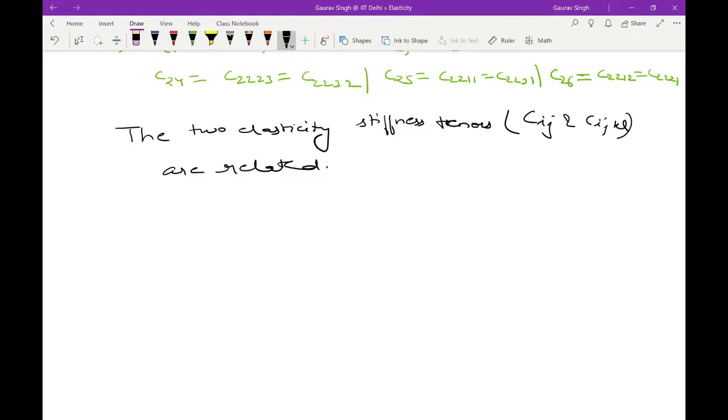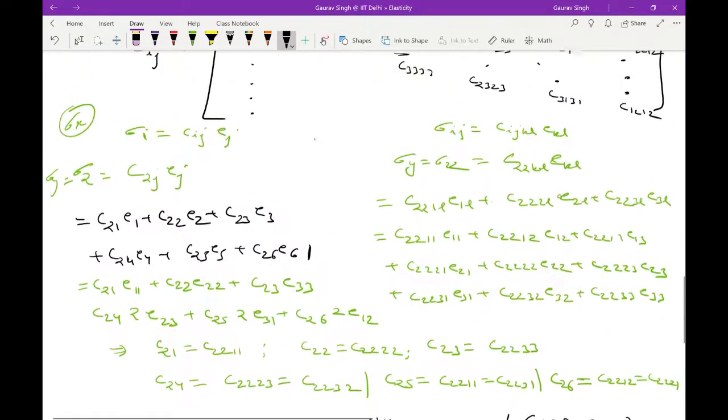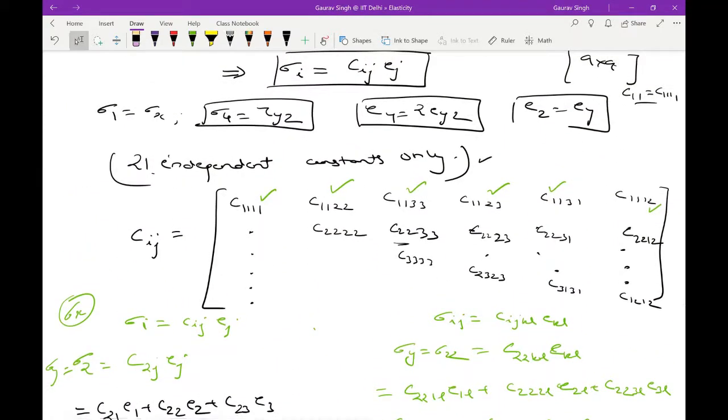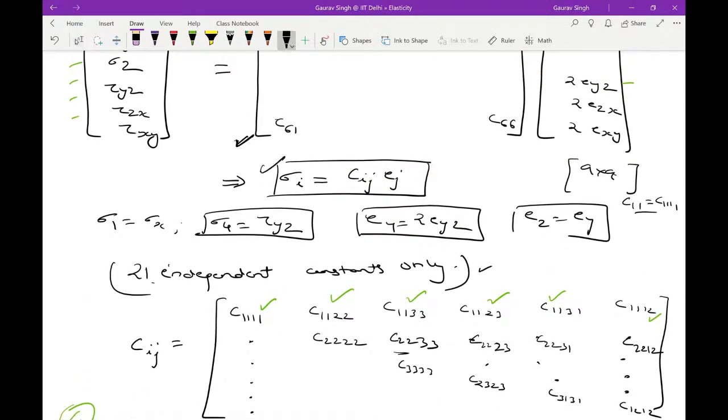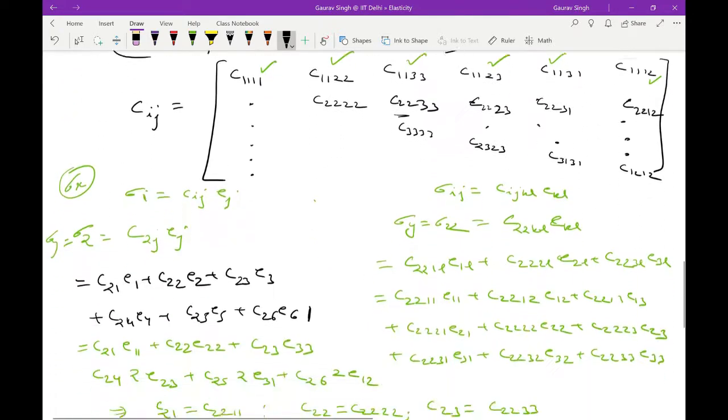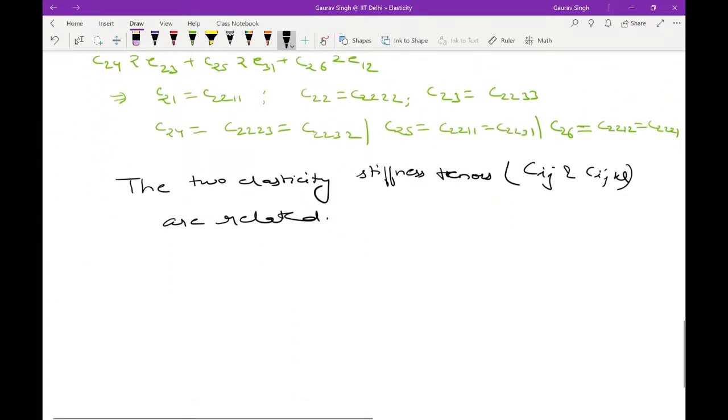Now, just like sigma ij equal to Cijkl ekl could be inverted, similarly, this expression sigma I equal to Cij eij can be inverted to write the strains in terms of stress, and you would again call this the compliance tensor.